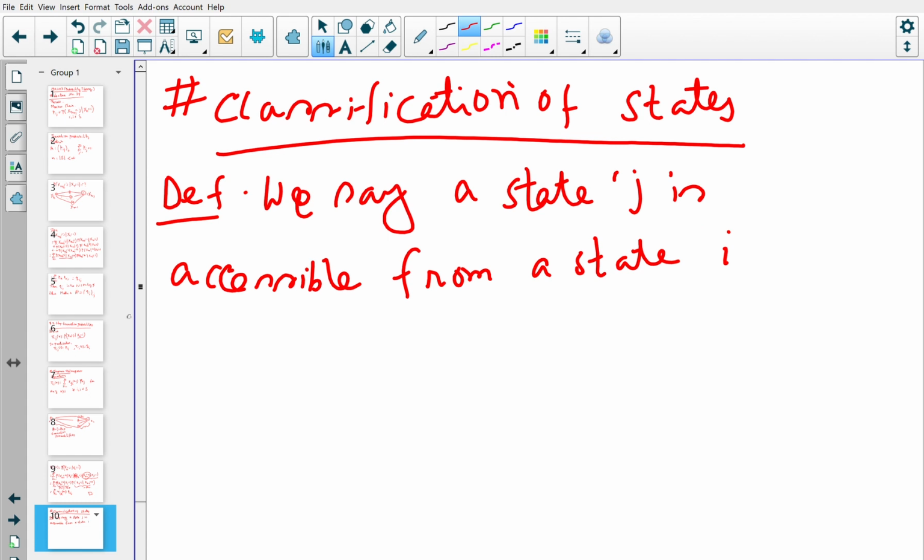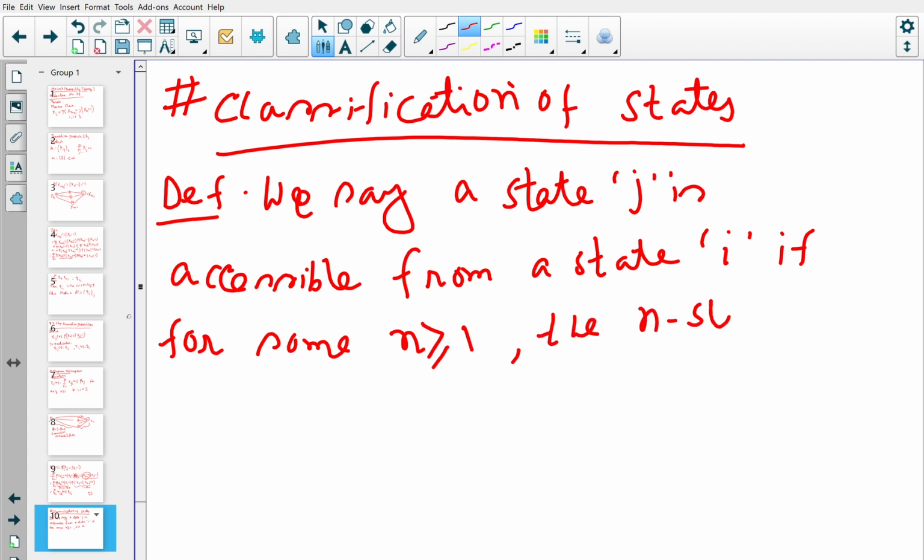Okay, so I am saying that j is accessible from i. That means you can go from i to j if for some n, so n is some natural number. Okay, so n can be greater than or equal to 1.